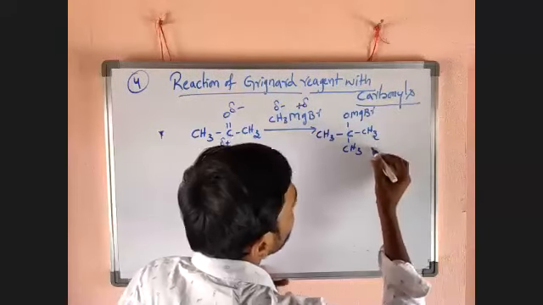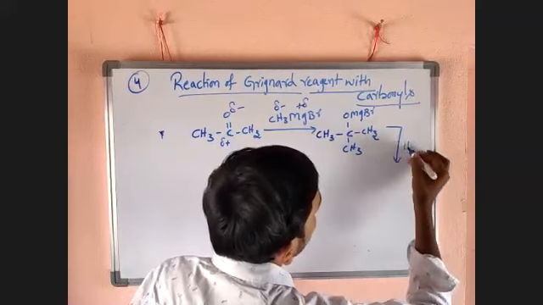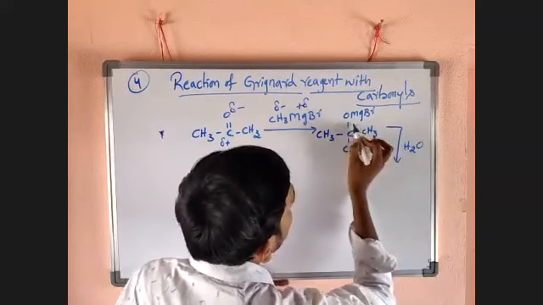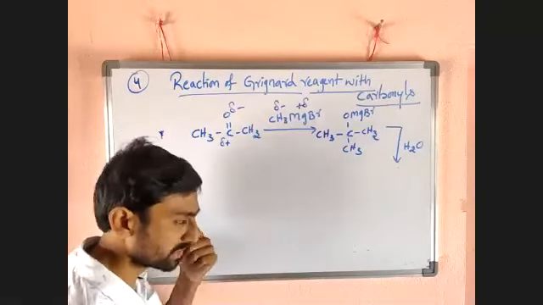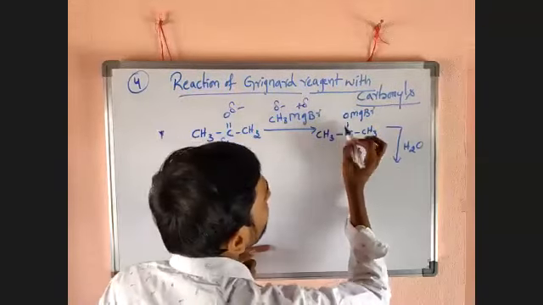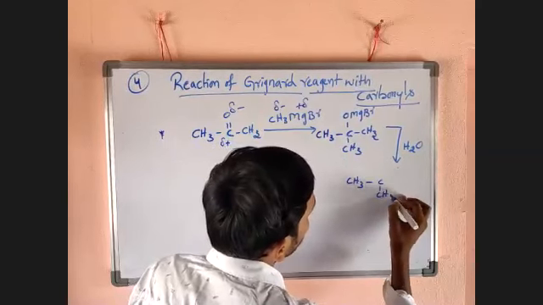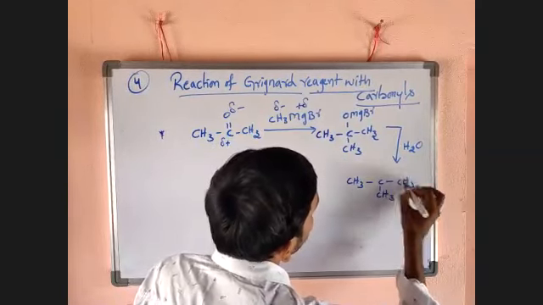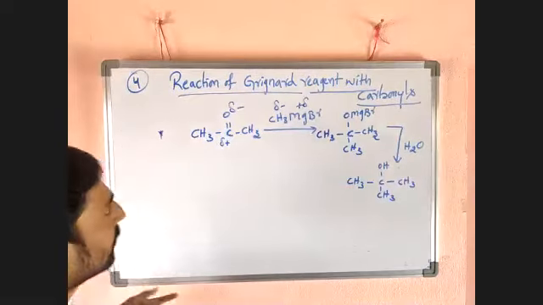On reaction with water, I told you, guys, clear that bond, add H here and OH here. Water is nothing but H and OH. Then what you will get? (CH3)3C-OH is the product, a tertiary alcohol. Now that was a ketone.